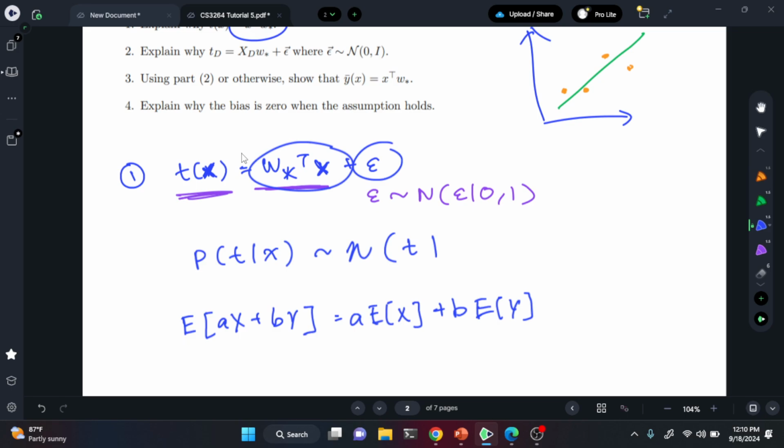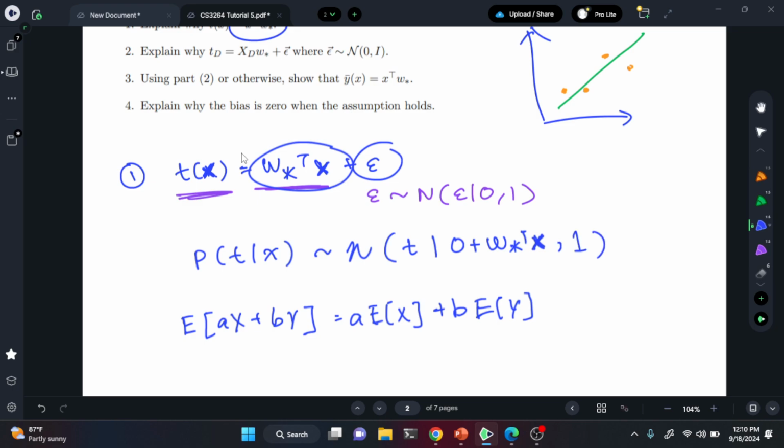It's just that the position is shifted. So here, this will now follow the Gaussian of T given X. Now the mean will be 0 plus W star transpose X. Note that this is because when you add the W transpose X to every part of the Gaussian, this will just shift it. This will shift the mean, but the variance will remain the same.